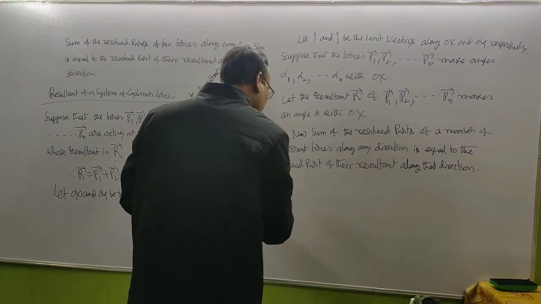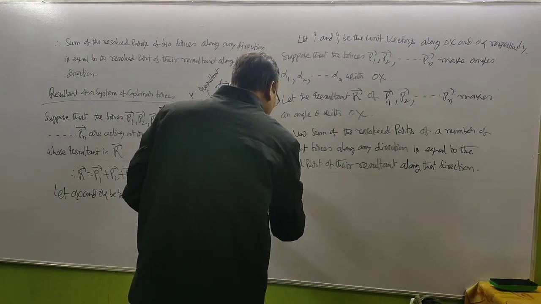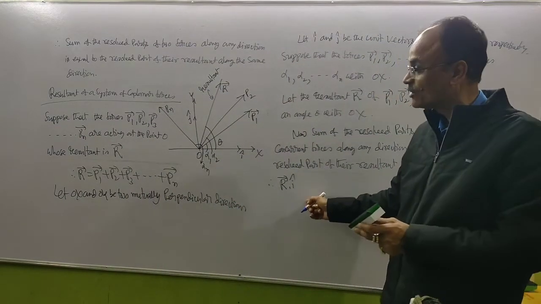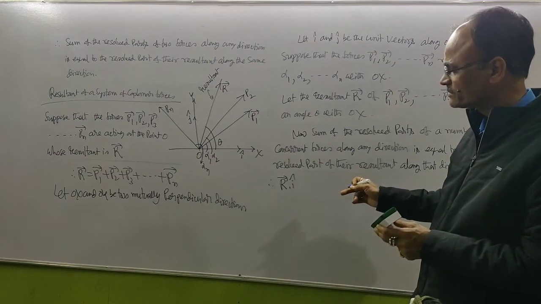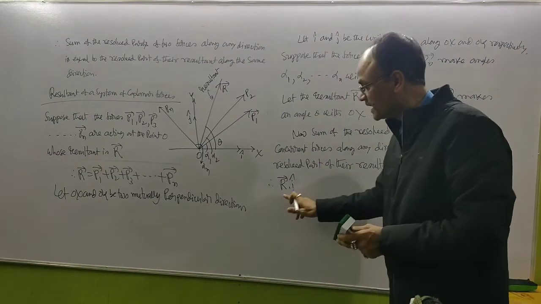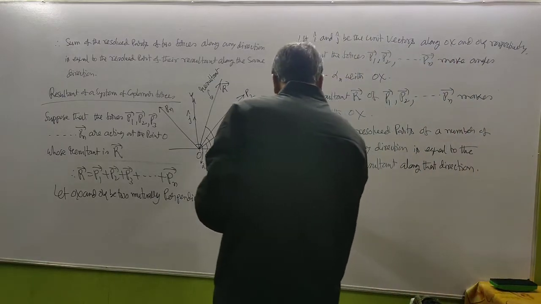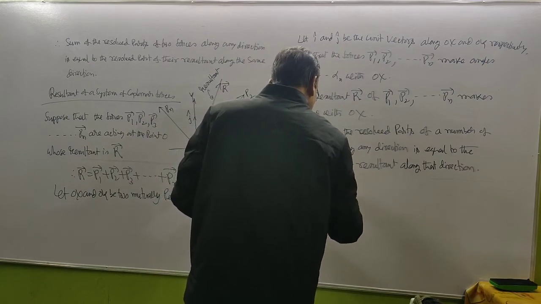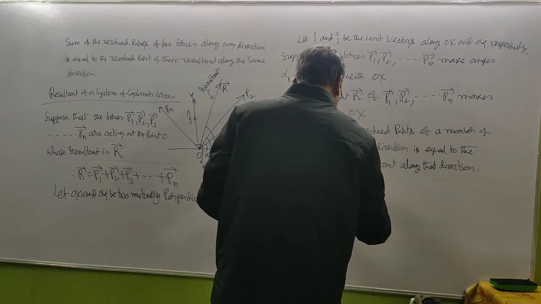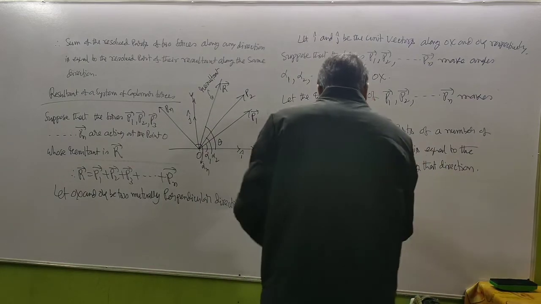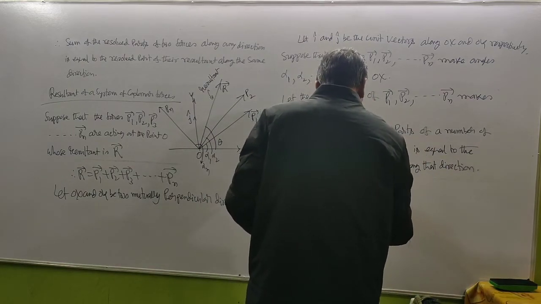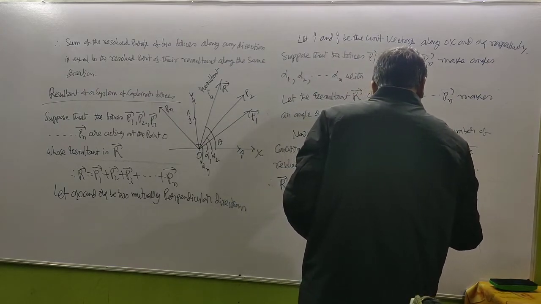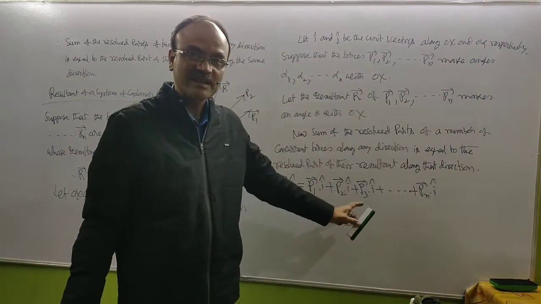Now, the resolved part of the resultant along the direction of OX is equal to the sum of the resolved parts of the forces P1, P2, P3 up to Pn along OX.